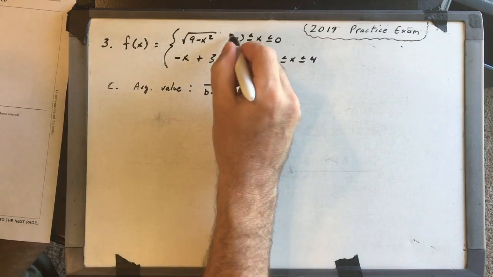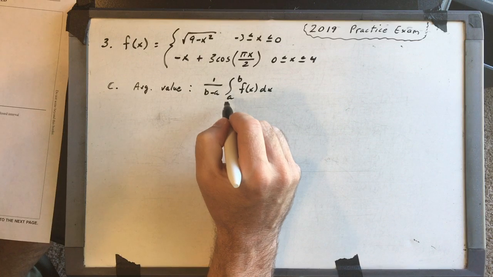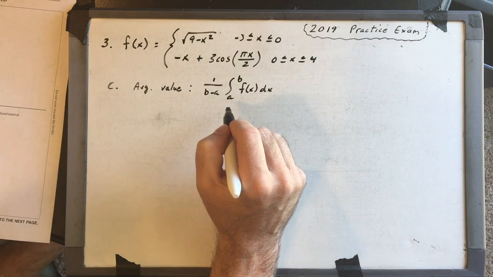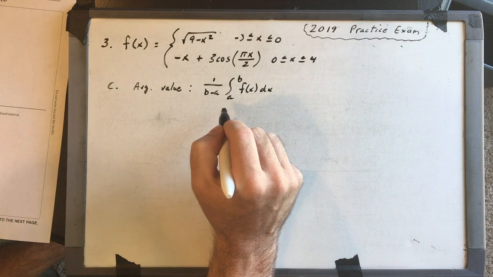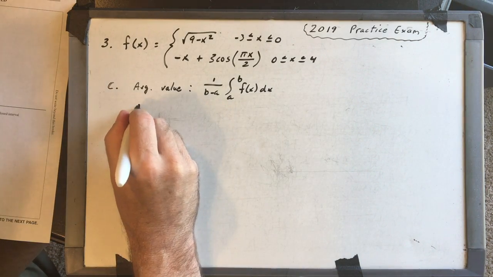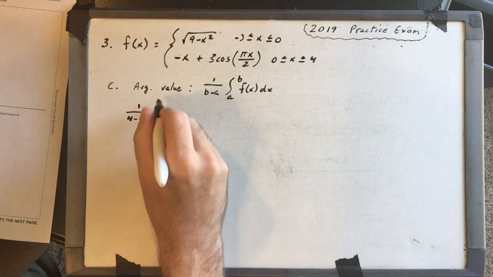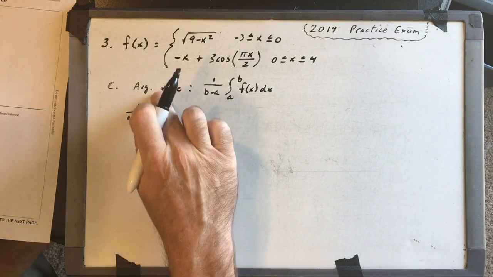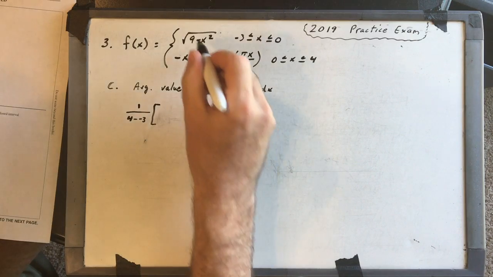Okay, so we've got two different equations here, so we're going to have two different integrals. So 1 over b minus a, okay, so we're going to end up having 1 over 4 minus negative 3, times, and then it's going to be, here, let me put this in brackets. Okay, that's this part. We've got two integrals.